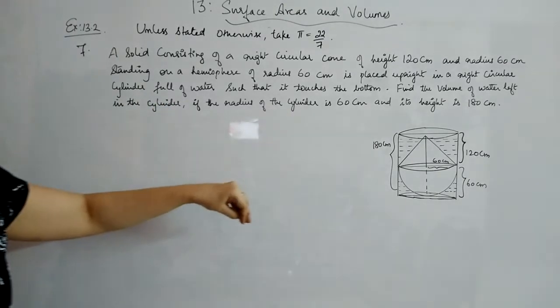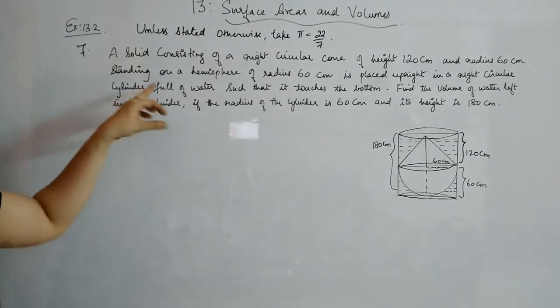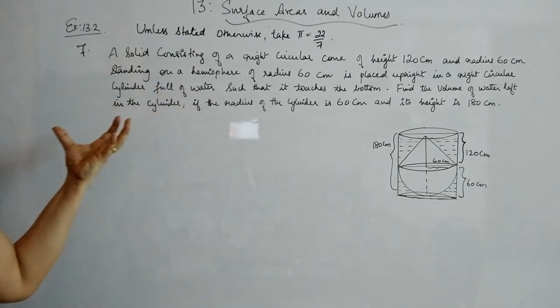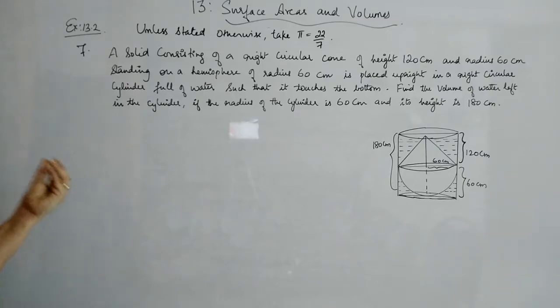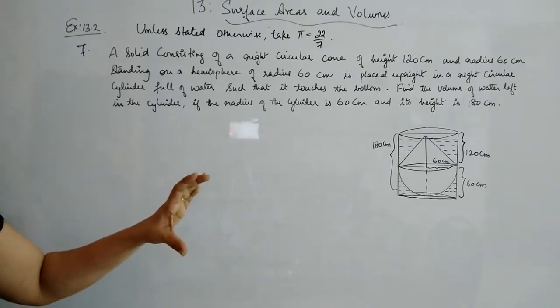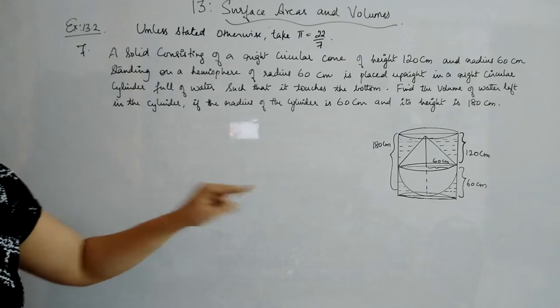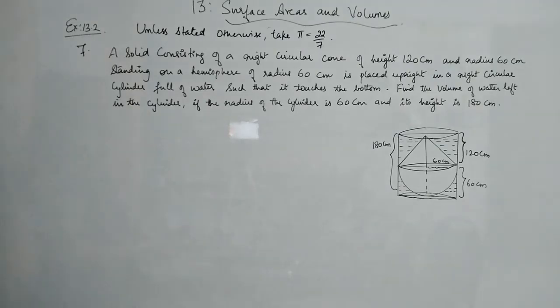When you are immersing something, something will be coming out, that is the water will be flowing out. That quantity can be got by finding out the volume of the solid. That means the volume of the cone plus volume of the hemisphere will give you the water flown out of the cylinder. And how will you find out the remaining water left in the cylinder? It will be the total volume of the cylinder minus the volume which has been flown out.